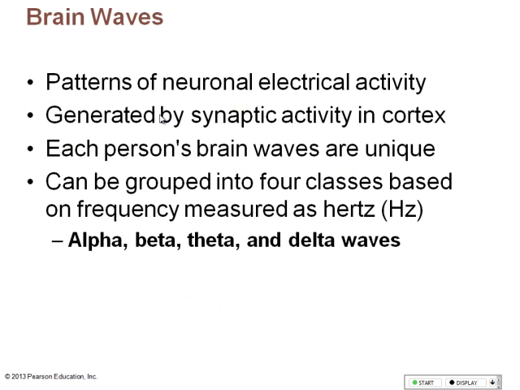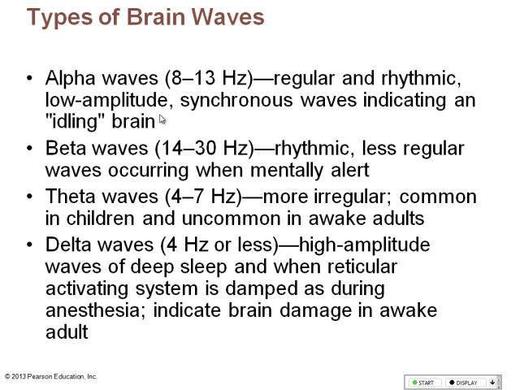So, some of the different patterns of electrical events can be measured in an EEG, and they're measured in 4 classes. We have alpha, beta, theta, and delta. And we measure them in something called hertz. So, the different types of brain waves that you experience on a regular basis, alpha, 8 to 13 hertz, is a nice regular rhythm.